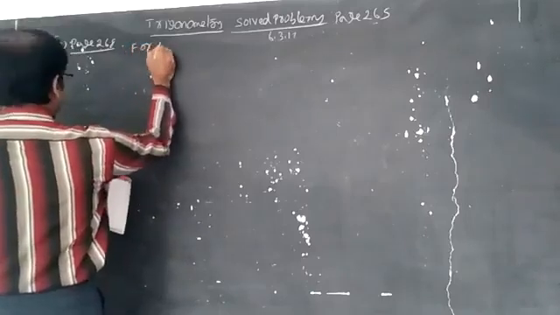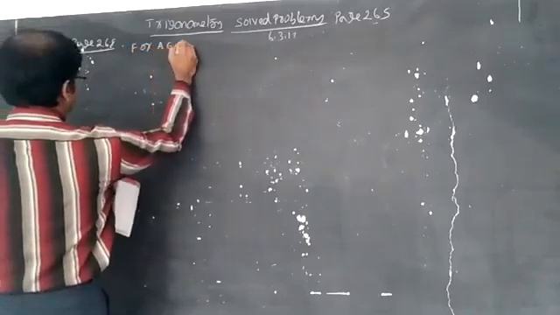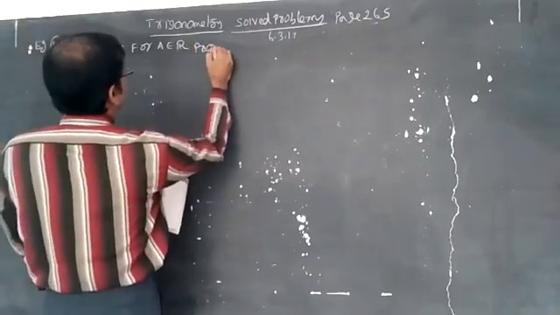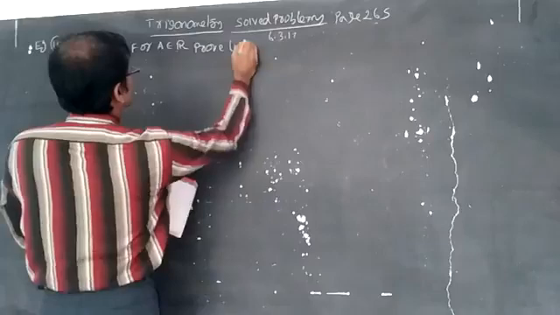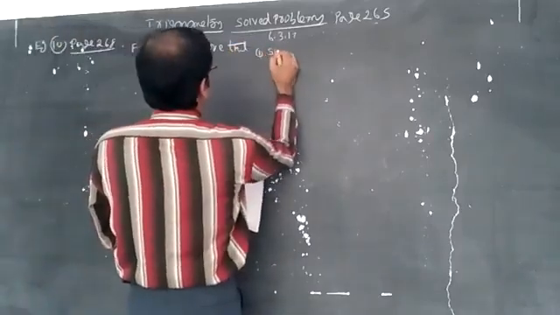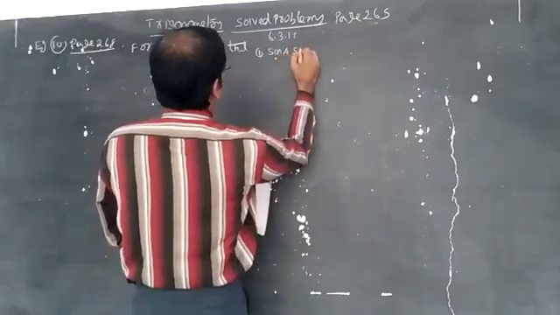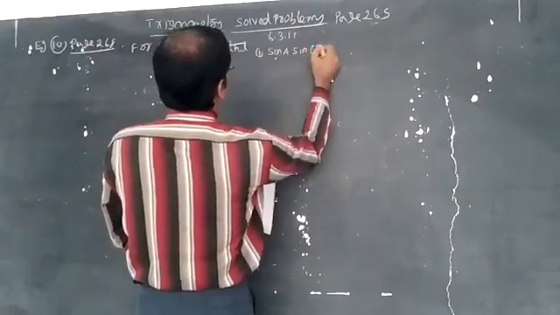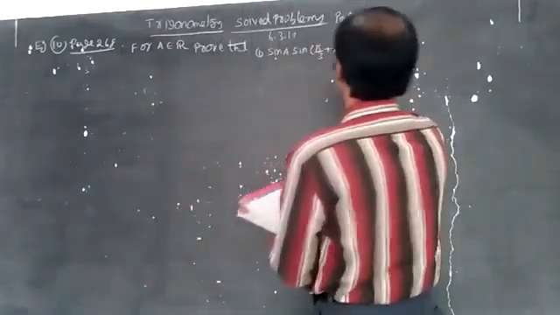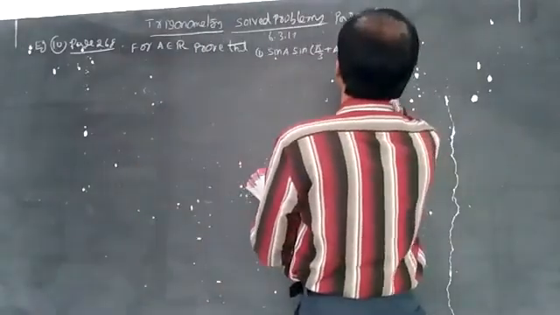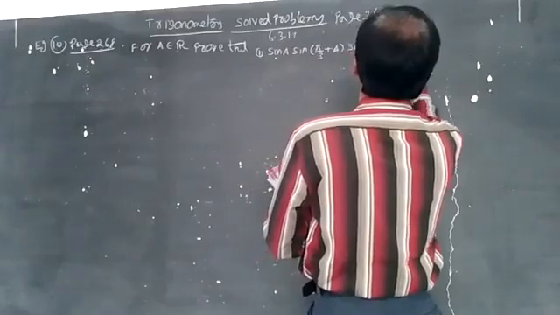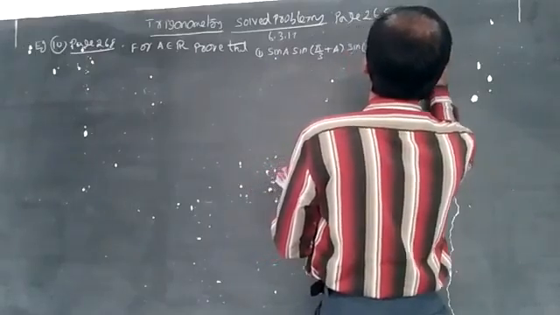For A, capital A belongs to real numbers, prove that: first one, sin A into sin of pi by 3 plus A into sin of pi by 3 minus A is equal to 1 by 4 sin 3A.